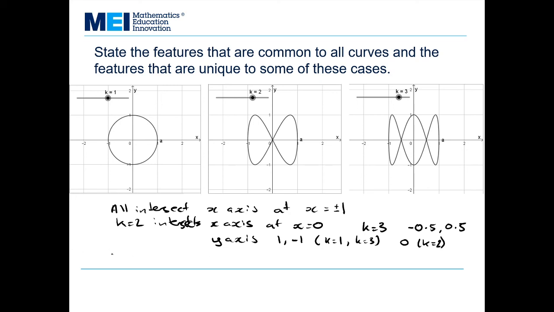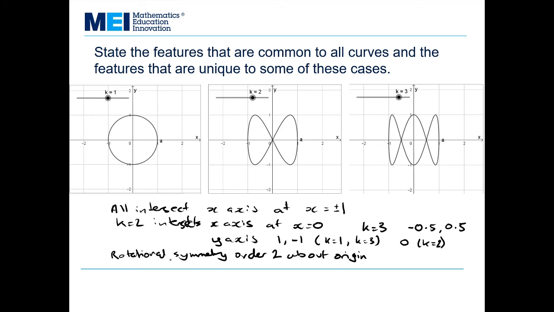I've also got some symmetry. I've got rotational symmetry. And I might want to note that that is of order 2 about the origin. And I've also got infinite rotational symmetry for the case where it's a circle, but for the other two, it's rotational symmetry of order 2.